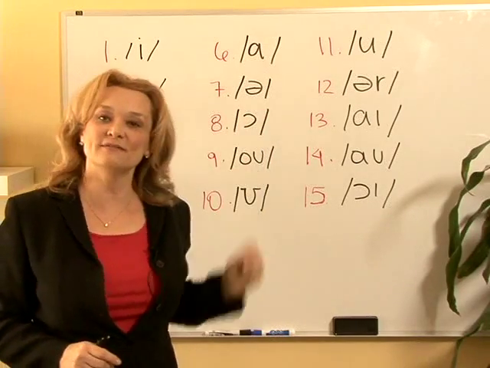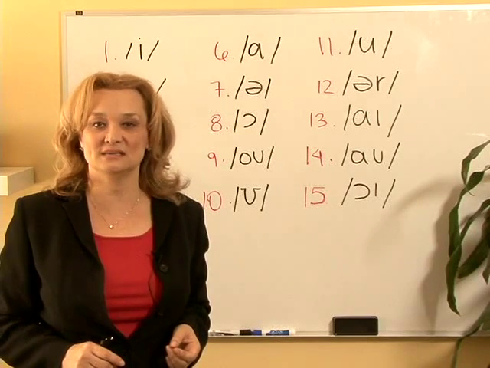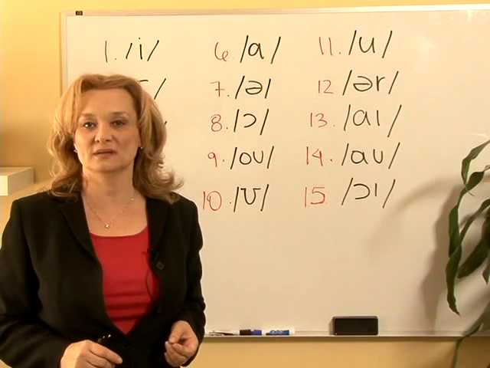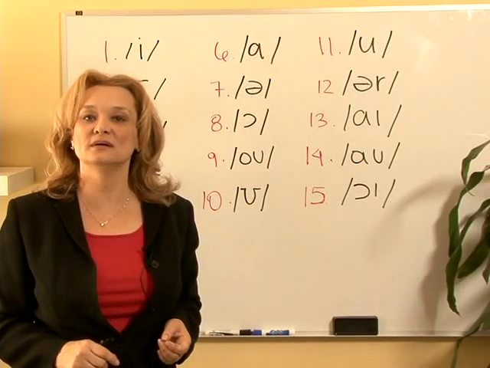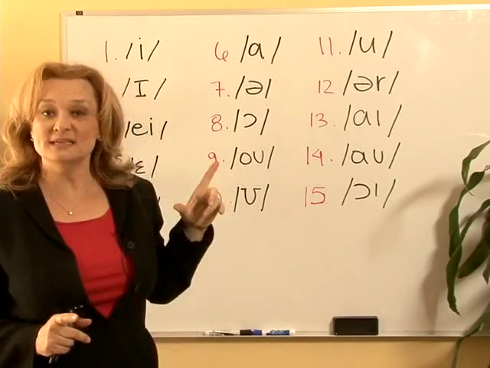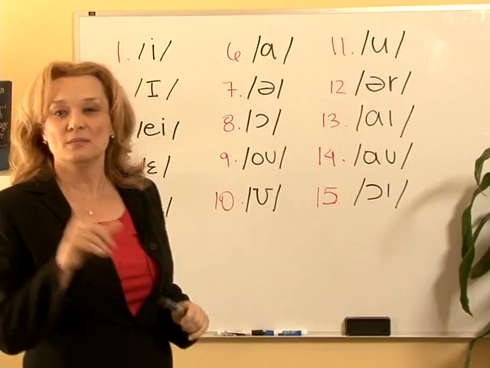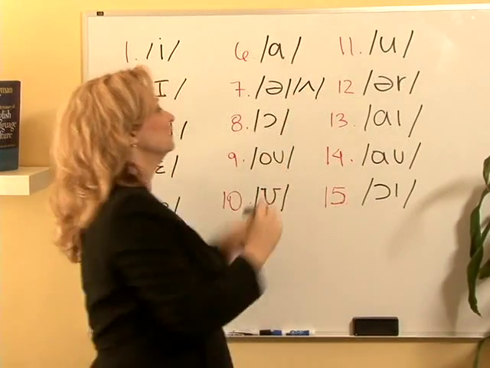Vowel number 7: but, done, jump, love. Say it with me. This sound is usually written like this in your dictionary, but sometimes you might also see this symbol.